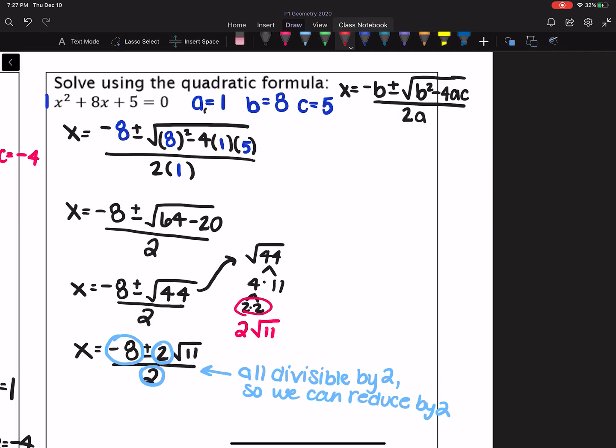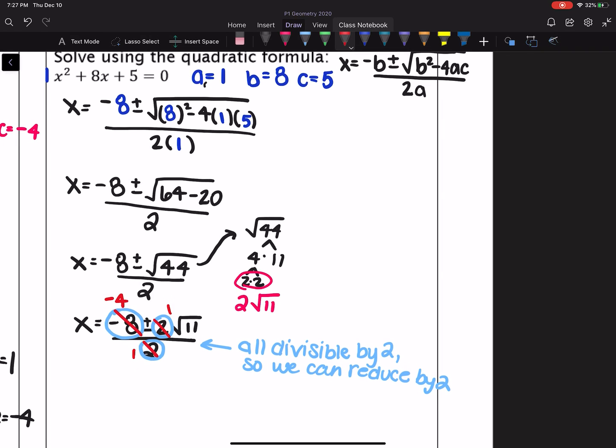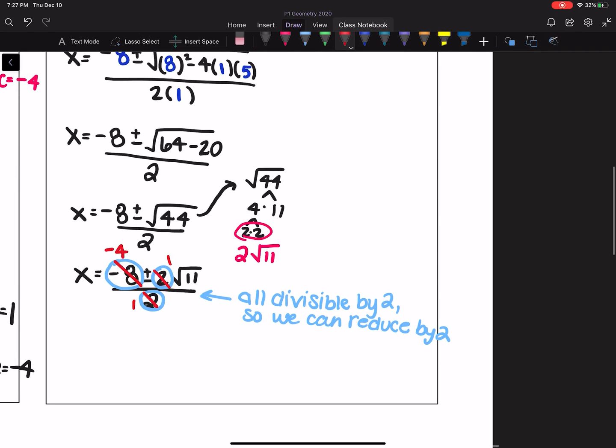So -8 divided by 2 is -4. 2 divided by 2 reduces to 1. And 2 divided by 2 reduces to 1. So again, this only works when all three numbers are reducible by a factor. If only two of the three numbers can be reduced, we can't apply that rule to simplify the answer.